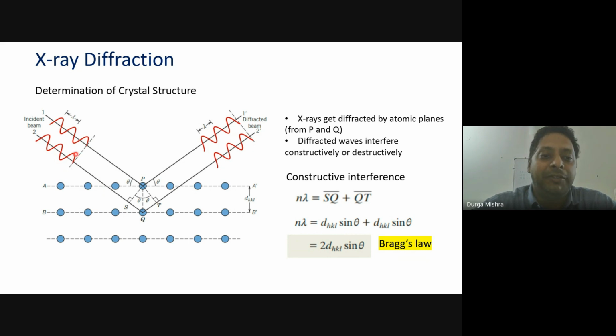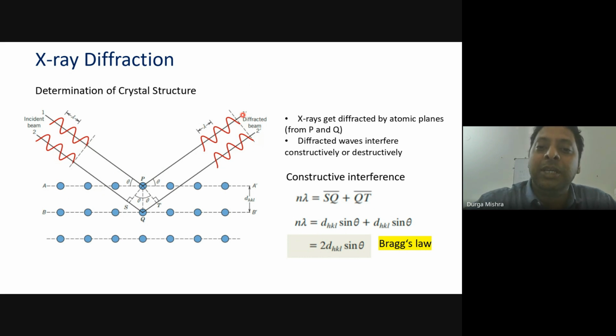So you have a diffraction from two different planes, plane A and plane B. Now these two diffracted X-ray beams will then meet. When you observe, for example, here, and they meet, depending on their phase difference, they will either produce a constructive interference or a destructive interference.